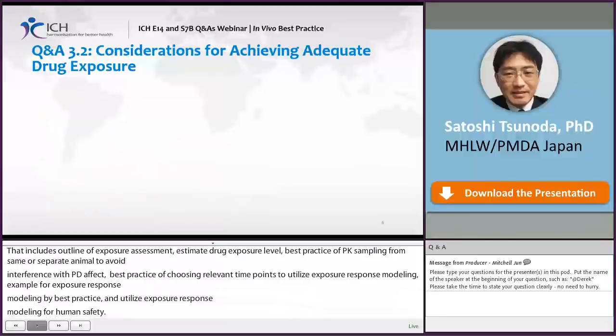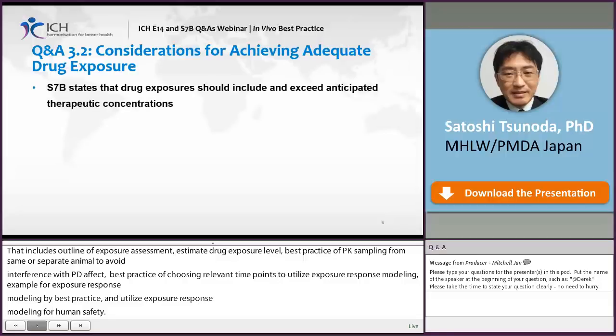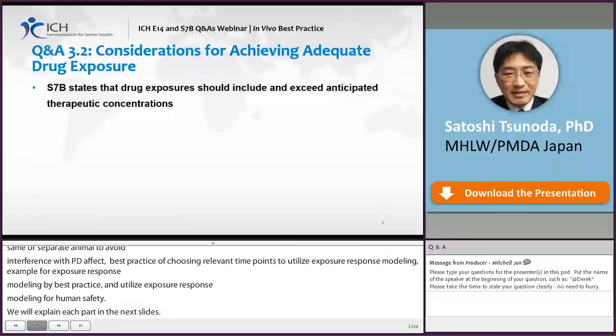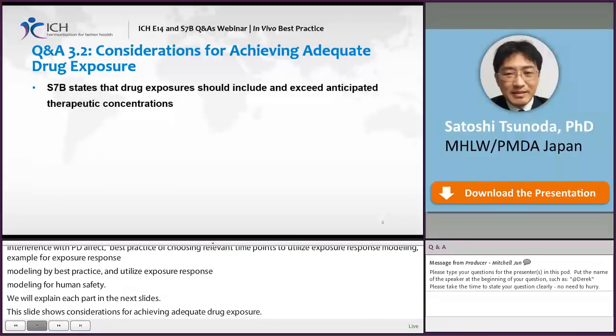The next slide shows considerations for achieving adequate drug exposure. S7B states that drug exposures should include and exceed anticipated therapeutic concentrations.